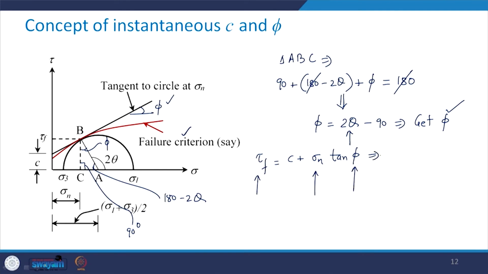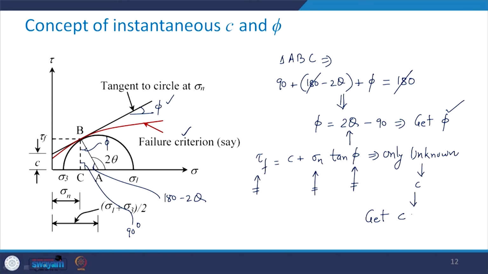So the only unknown in this equation is going to be C. We just substitute all these three values and one can get the value of C in this case.